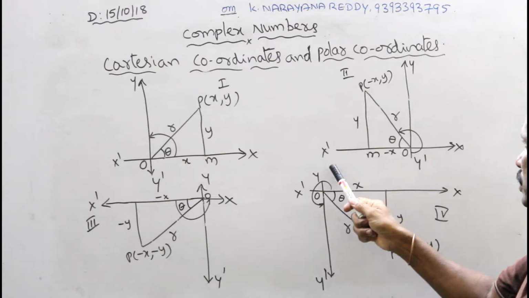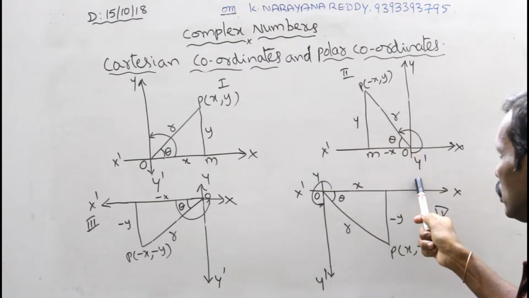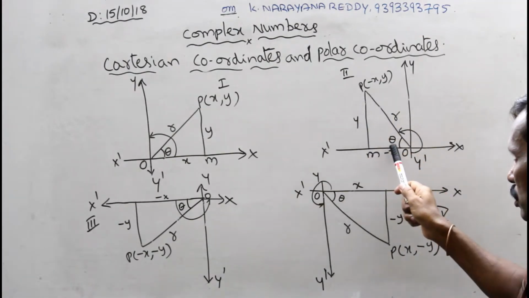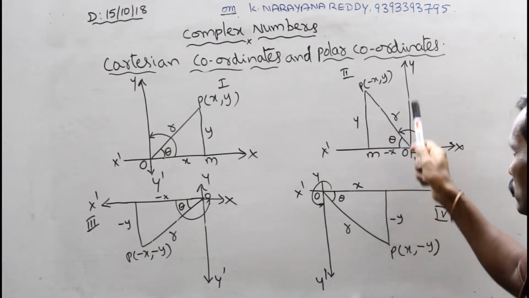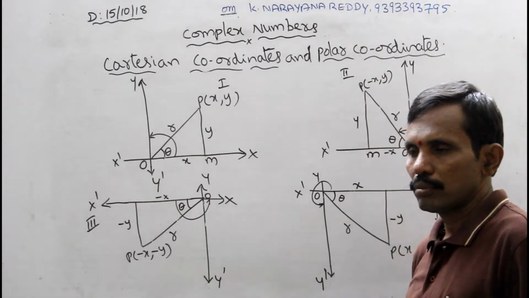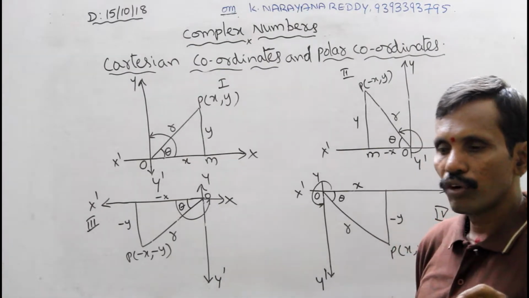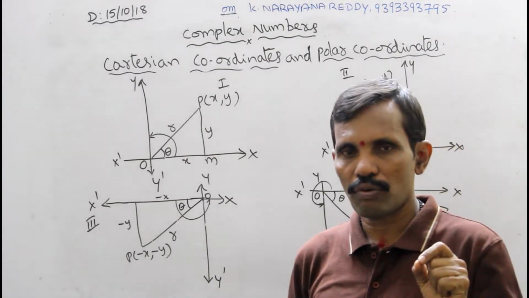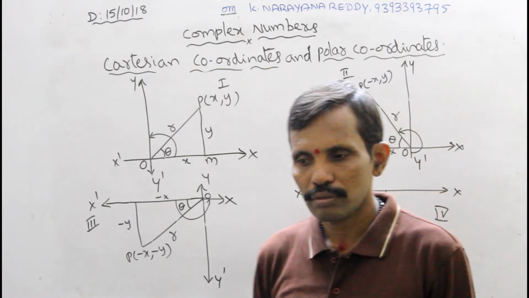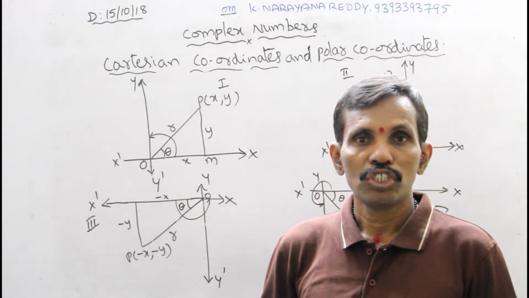In the first quadrant, X and Y are positive. That is the first quadrant. Coming to the second, X dash, Y dash. In a coordinate pair, we always use the X coordinate first, and after that the second coordinate. That is the property; there is no change.